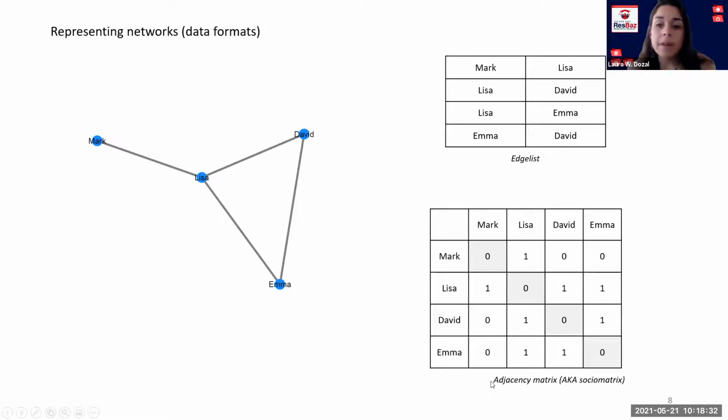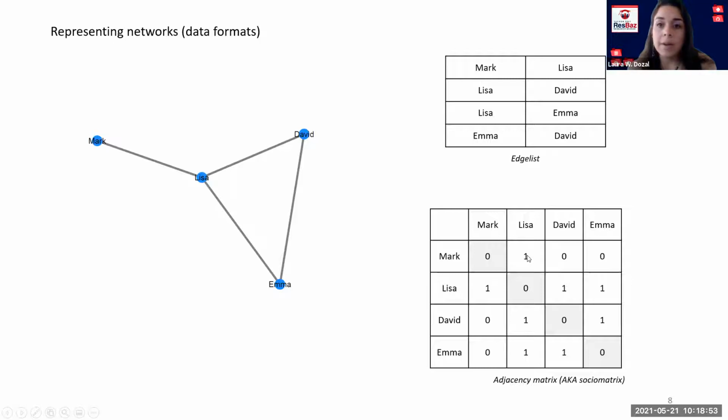Here we have on the bottom an adjacency matrix. It's also known as a sociomatrix. These are square matrices, so you need to have the same number of rows as columns, where 1 indicates a tie between the two nodes.